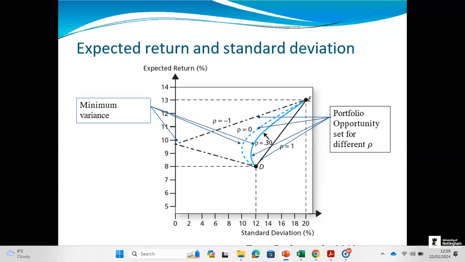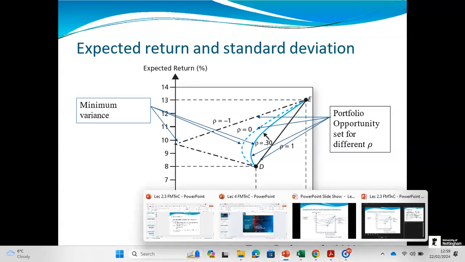And if you put everything in stock E, which is here, your expected return is 13%, but the risk of investment in stock E is 20%. And this solid black line represents the combination of these assets as you change weights. So you can create multiple portfolios by changing the weights.